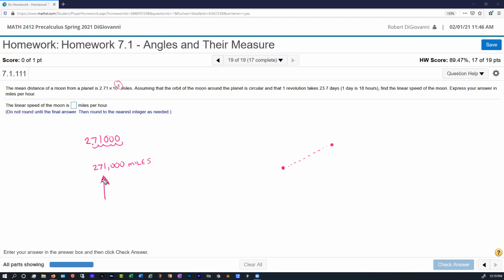It says, assuming that the orbit of the moon around the planet is circular and that one revolution takes 23.7 days, that's 1 day is 18 hours, find the linear speed of the moon, express your answer in miles per hour. So this is a little confusing because it says one revolution takes 23.7 days.